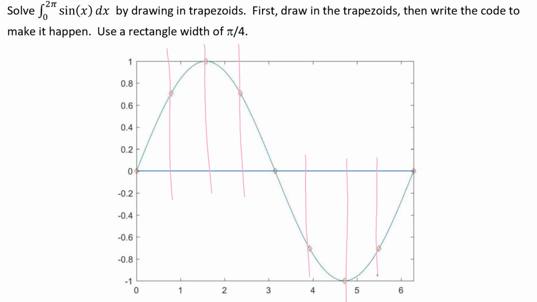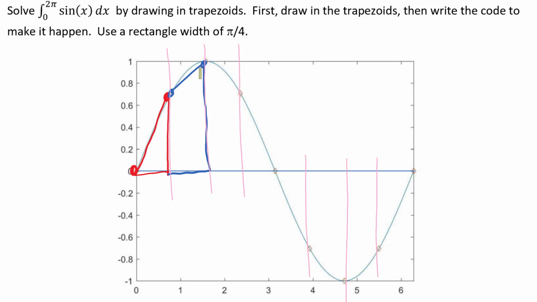Okay, so basically what we're doing here is instead of drawing this rectangle here, where obviously you've got a lot of error going on right here, what we're going to do instead is draw a trapezoid, because the idea is the trapezoid is going to fit the curve a lot better. So we're going to connect, and then this one is going to connect.